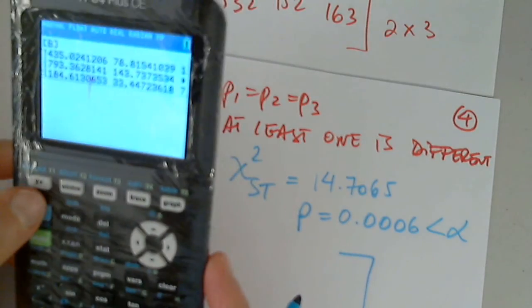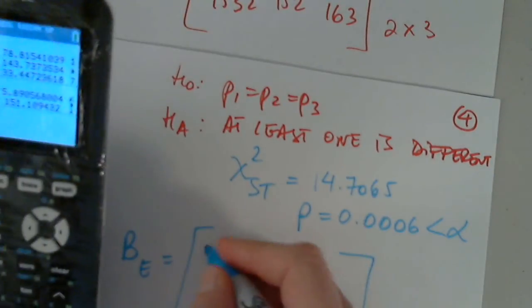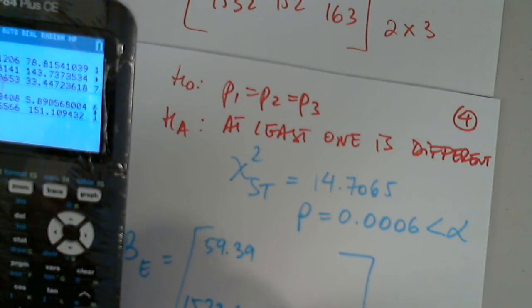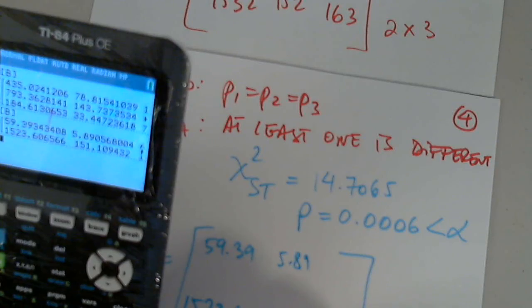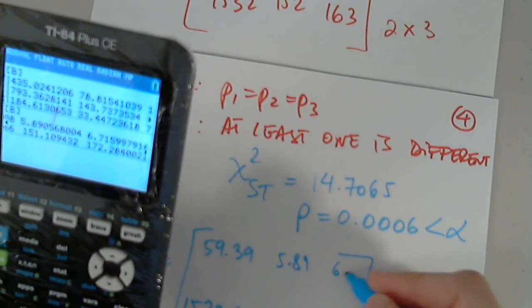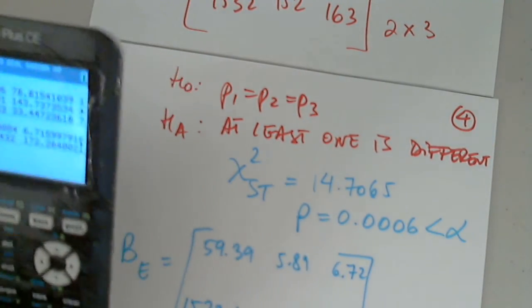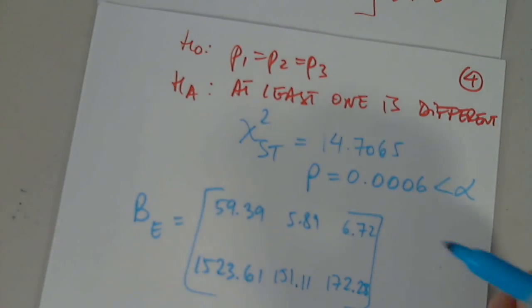So let's go to second and matrix and go to matrix B. Let's take a look. 59.39, 1523.61, 5.89, 151.11, and the last column, 6.72, 172.28. They're all greater than 5, so the test is okay.